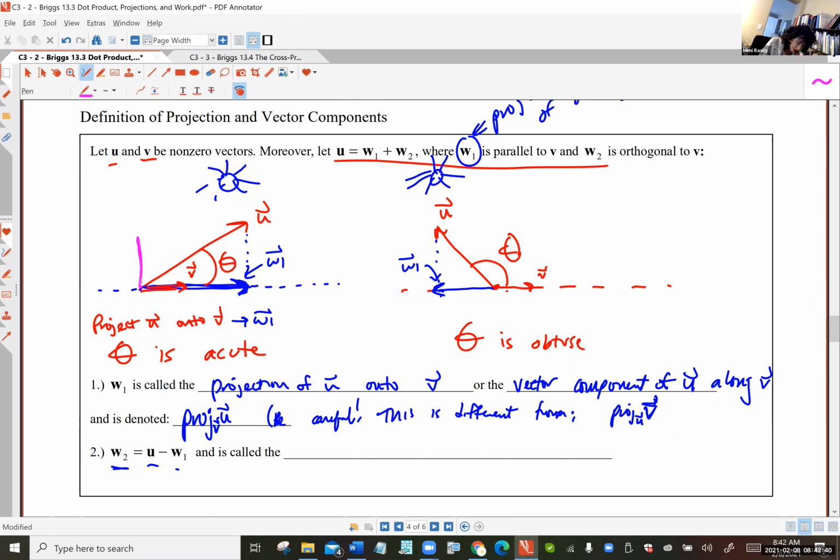W2 is a vector that's orthogonal to V. Remember, orthogonal means like perpendicular. So it's making a 90-degree angle with V, and it's a special vector such that if you added W1 to W2, you would get back the U vector.